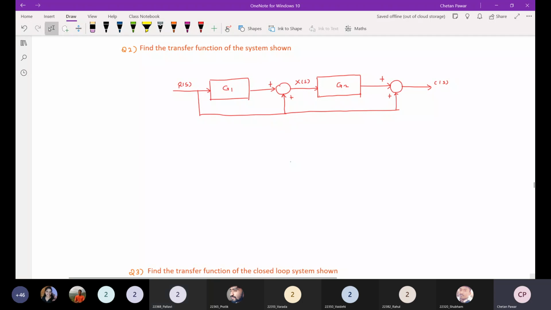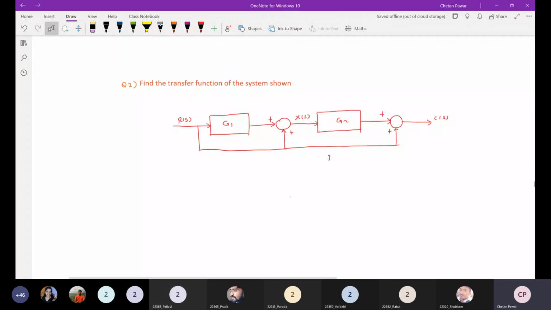Maybe because of a network issue at your end, I think. Because of that only. Okay. So now I am at problem number 2. So are you able to see the screen now? Yes, sir. Okay, fine then.